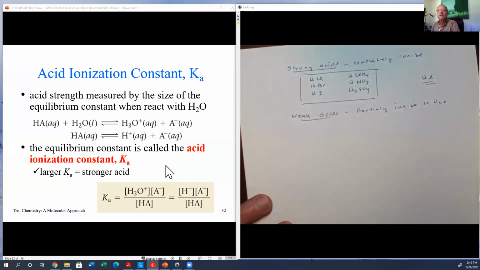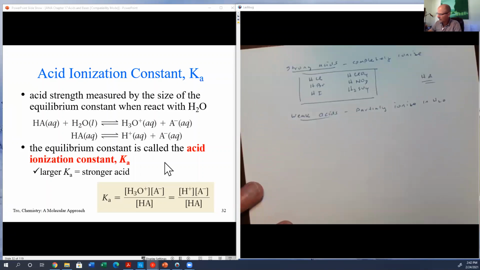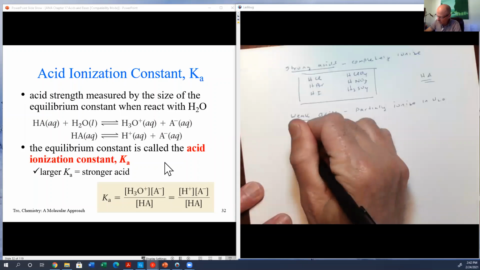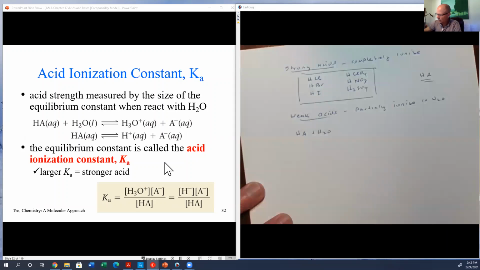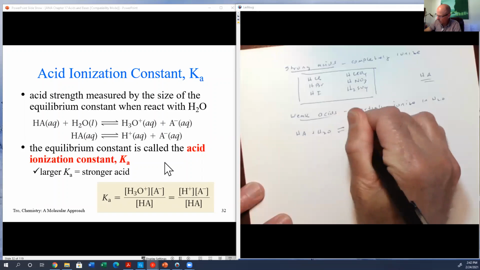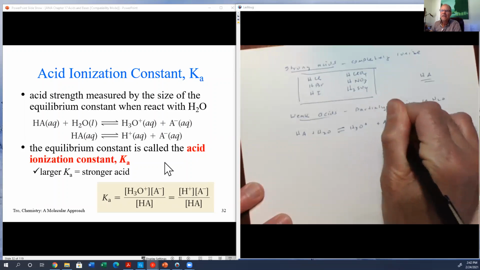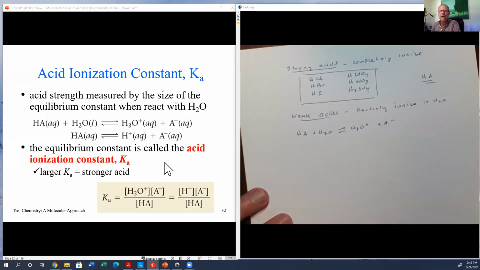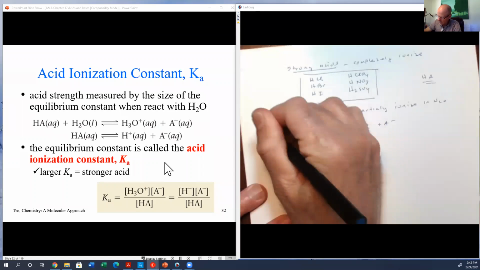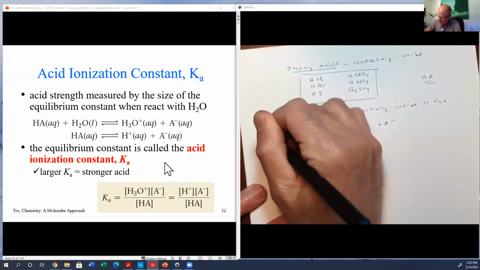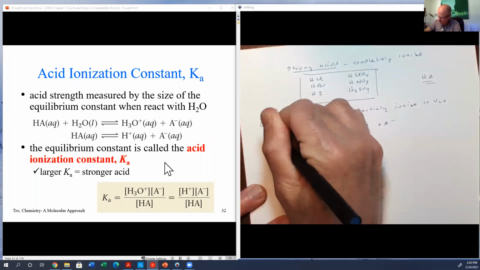We can characterize weak acids by their acid ionization constant. The main equation here that I want you to know is this one: HA plus H2O in equilibrium with H3O+ and A-. This is the generic equation for a weak acid.